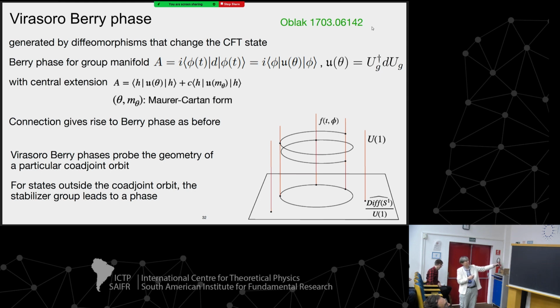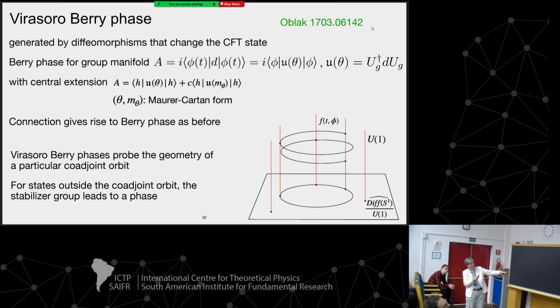Again, we can define a Berry connection. The point is we have to take care of the central extension, so there's an extra term which takes care of the central charge. But this connection gives rise to a Berry phase as before. These Berry phases probe the geometry of a particular co-adjoint orbit. So this is our orbit. If I'm sitting here and I apply these co-adjoint transformations, I just go around the circle once.